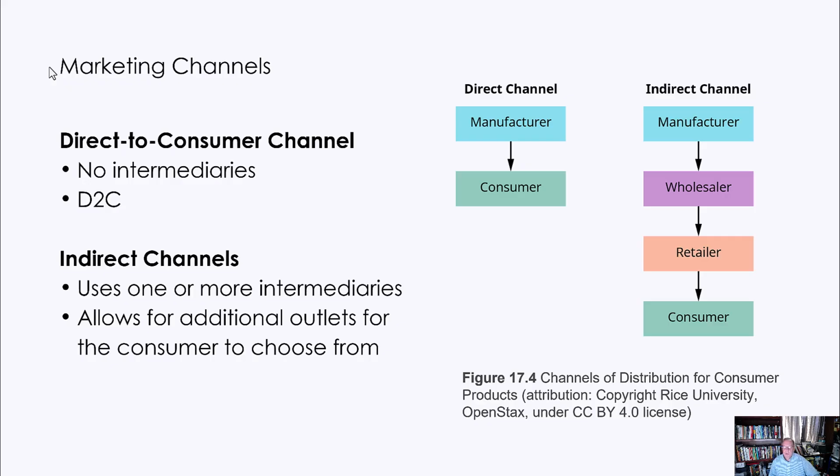Instead, I'm going to use an indirect channel, and I'm going to sell to wholesalers and let wholesalers bulk that out, break the bulk, and sell to retailers and let retailers do the distribution out to consumers. So there's not a direct, correct or incorrect answer. This is part of strategy. But sometimes our product may also influence the choices that we make.